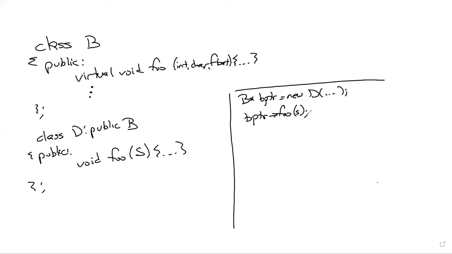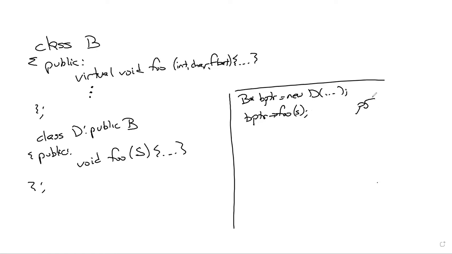So the code we see here on the board is a class base, just like I described, that has a virtual foo that gets an int, char, and a float, and does whatever it does. And we have a class derived that gets something of type S and does whatever it does. I don't really care. And on the right side we have the polymorphism that we're expecting to see.